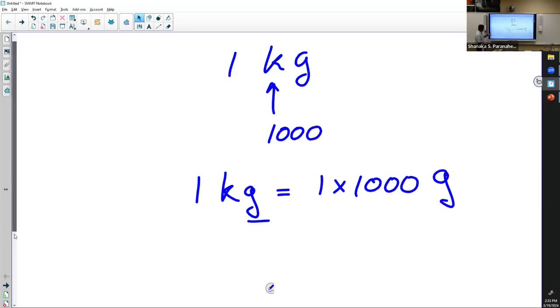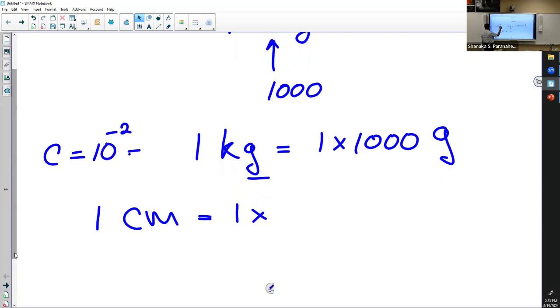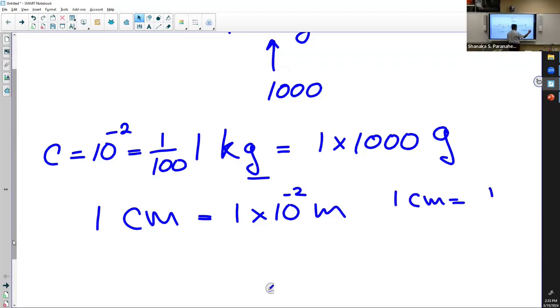If you want to find the relationship between 1 centimeter and meters, 1 centimeter is equal to 1 centi, which is 10 to the power -2, or 1 over 100. So 1 centimeter is equal to 1 over 100 times meters.